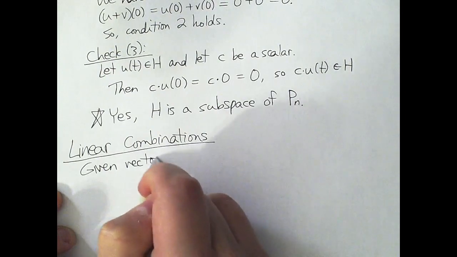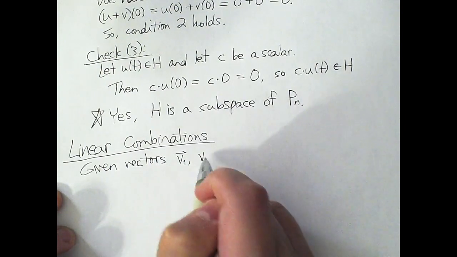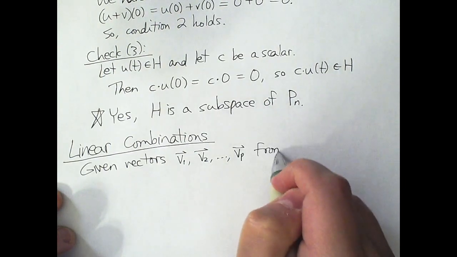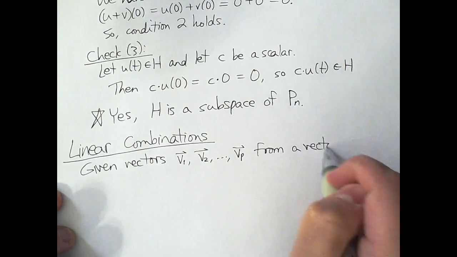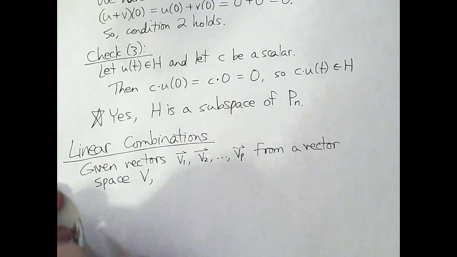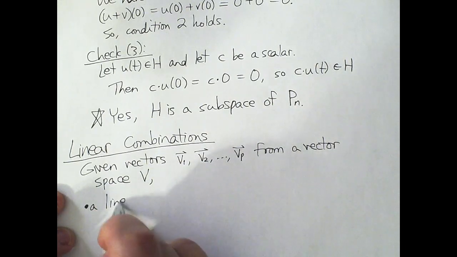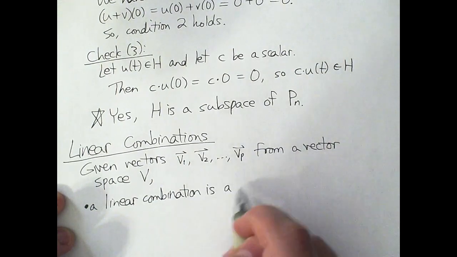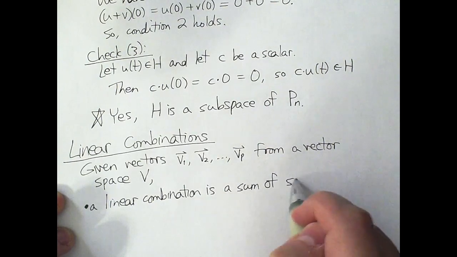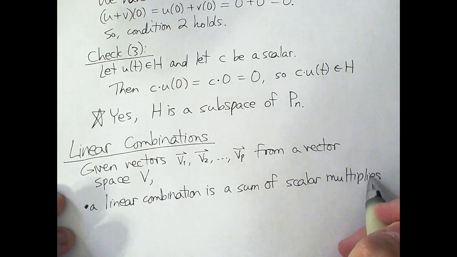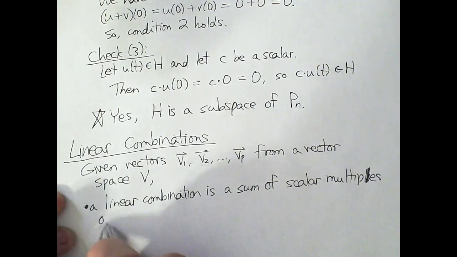So given vectors, let's call them v1, v2, etc., up to vp, from a vector space, a linear combination is a sum of scalar multiples of the vectors.